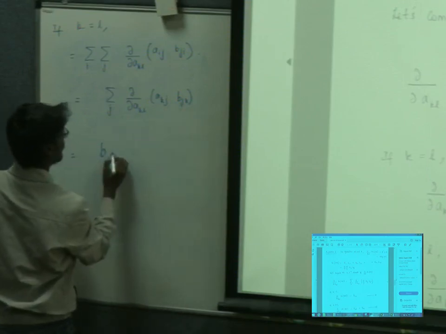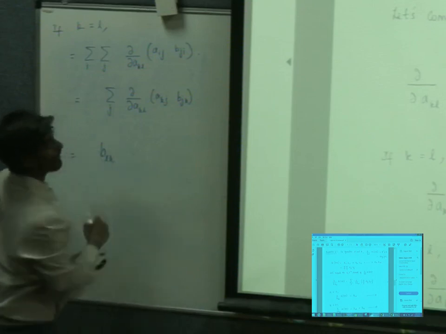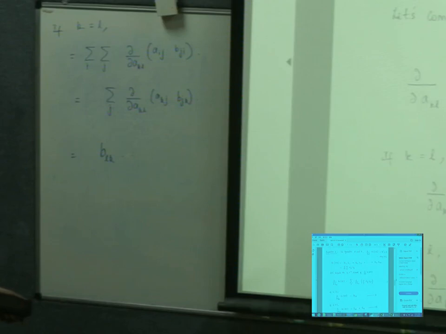So when we take the partial derivative with respect to this, we'll get LK. LK or KL?